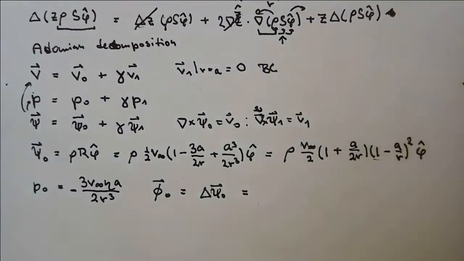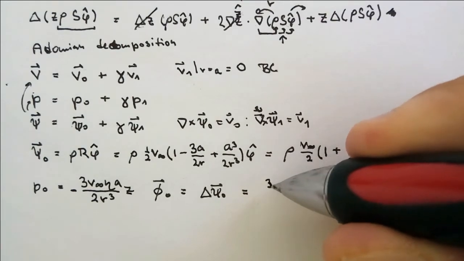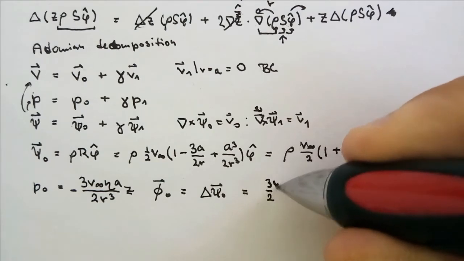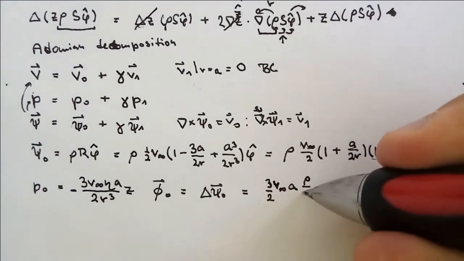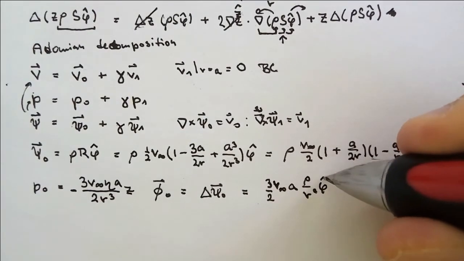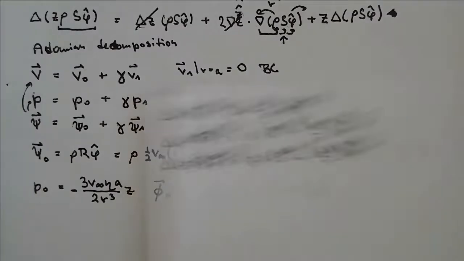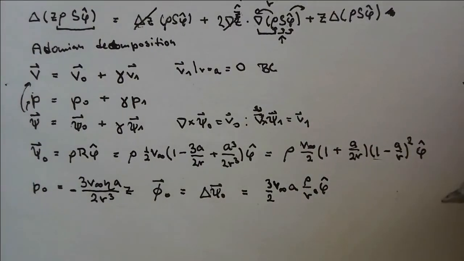I forgot to mention there is also z. This is the expression for the pressure, and this is 3/2 v infinity times a times rho over r cubed. You can use basically this formula to compute this expression from this. It's very easy to do, but I will save much time with that.